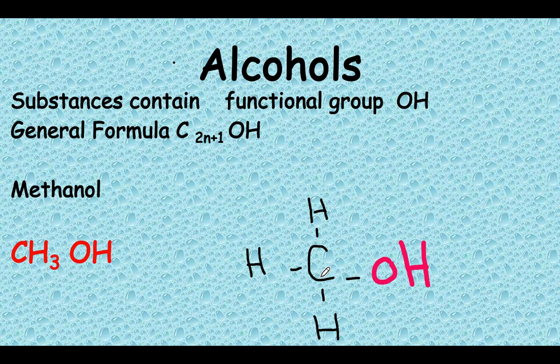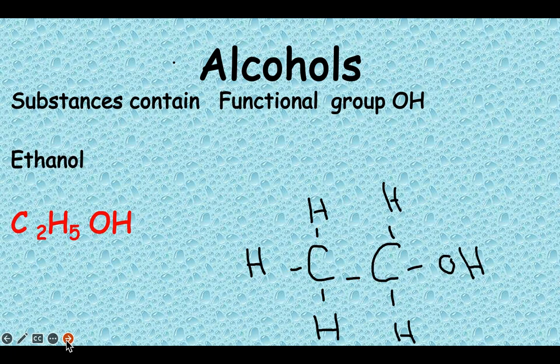It will be bonded also with 4 covalent bonds. 1, 2, 3, and the fourth with the functional group OH. So OH is the hydroxyl functional group. It's called hydroxyl, and the first member is meth because 1 carbon and ol for the alcohol. So methanol. Let's move to the second member in alcohols, which is called ethanol.